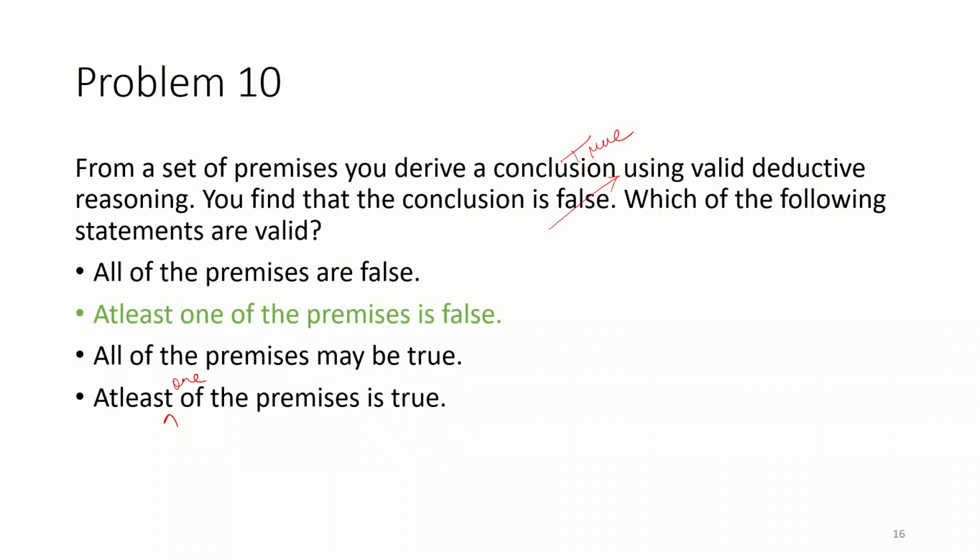It could be false also. If all the premises are true, then the conclusion can be false also. How? Sir, because a correct conclusion can be derived from false premises, but a false conclusion cannot be drawn from true premises. Yeah.